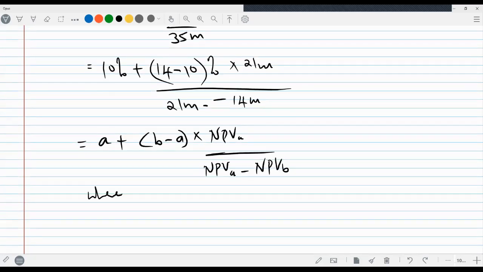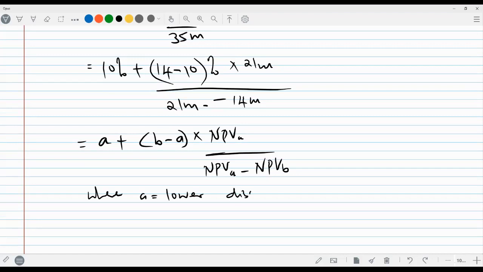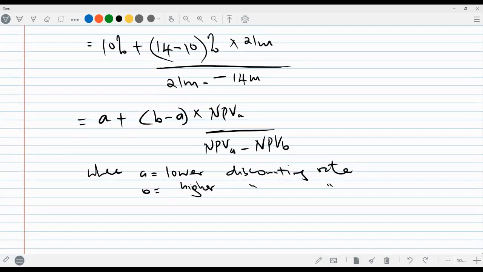Just to put it into words, A is equal to the lower discount rate, B is equal to the higher discount rate.